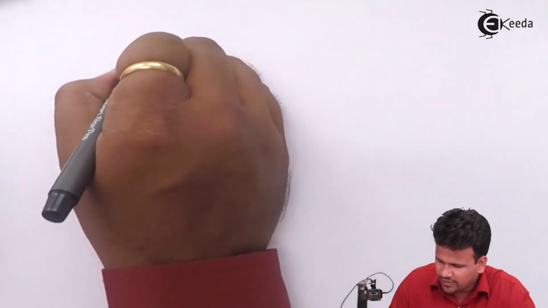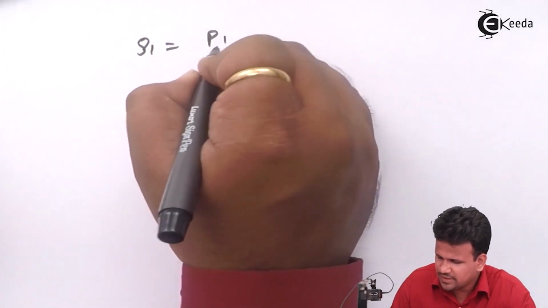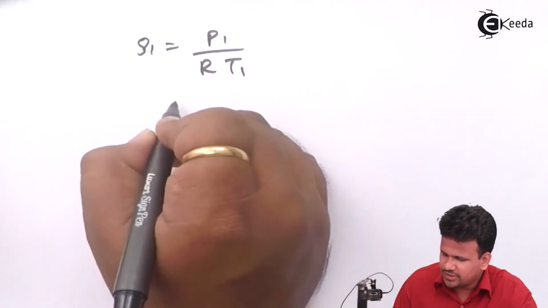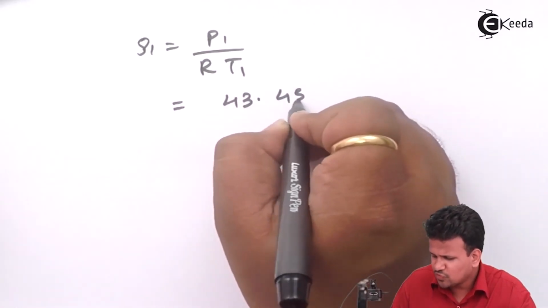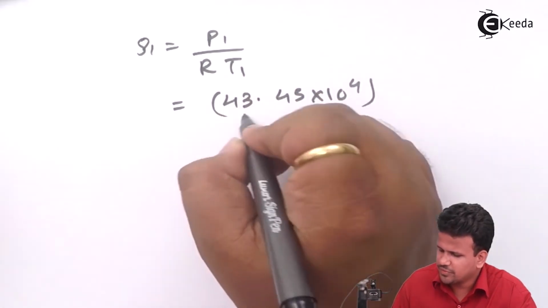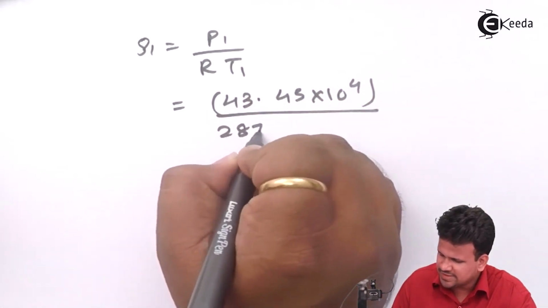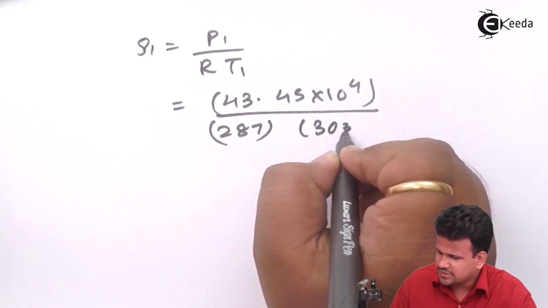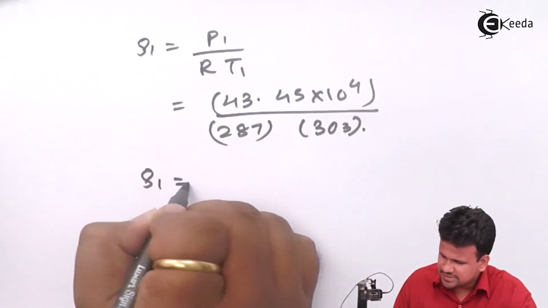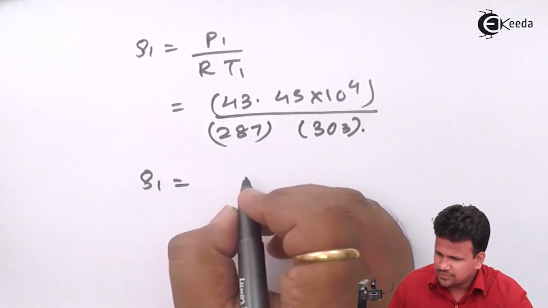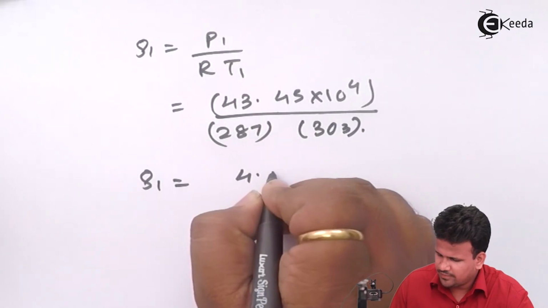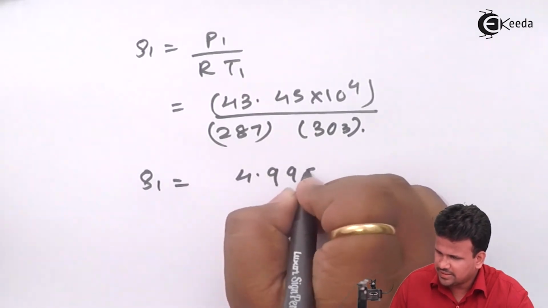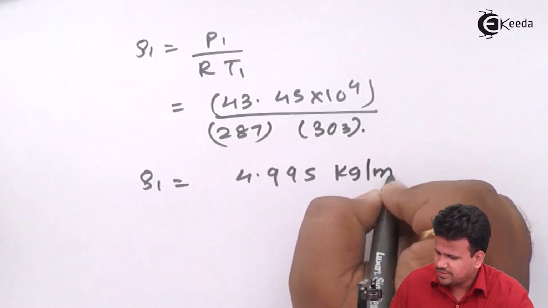So rho 1 will be equal to P1 upon R into T1. So this is 43.45 into 10 to power 4 upon 287. Temperature is 303 Kelvin. Then the density rho 1 comes out to be equal to 4.995 kg per meter cube.